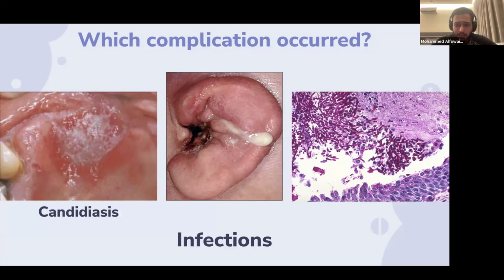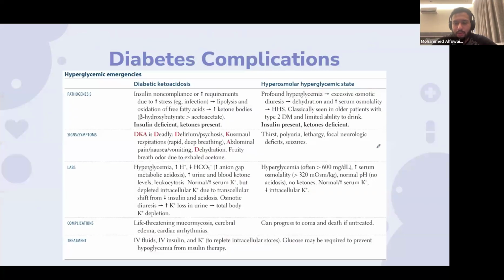Risk factor is diabetes, hyperglycemia, because they love glucose. Another thing is otitis externa, which is something called malignant otitis externa. Again, diabetes is a risk factor because of impaired immune function and because of the glucose. You know, organisms love glucose. Lastly, this is a patient with a UTI, and you see that they have a fungal cystitis, okay? And that's pretty much it for these complications.